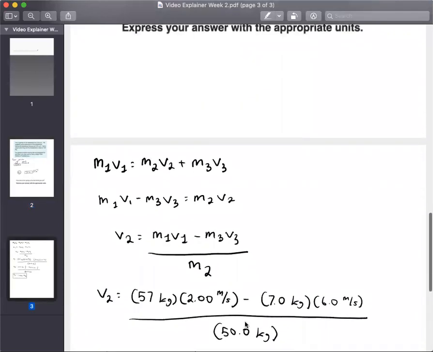And so to solve, I plugged in the values. This is the mass of the combined skateboard and Dan, which is 57 kilograms, their initial velocity, which is 2 meters per second, and of course the mass of just the skateboard and the velocity of the skateboard after Dan is off the skateboard, and then the mass of Dan.